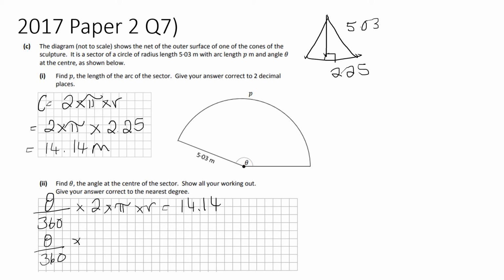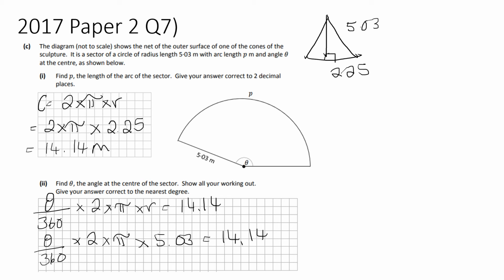Then I multiply the angle over 360 by 2, by pi. Now the radius of this arc is 5.03 this time. So you're trying to find what the angle is. Try and simplify what you can.